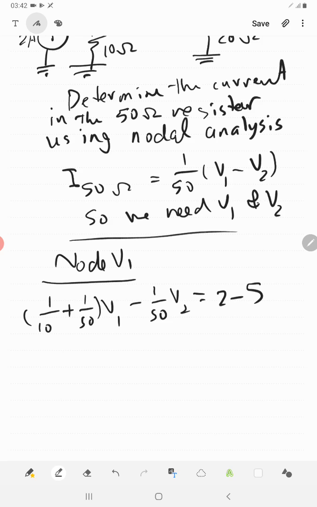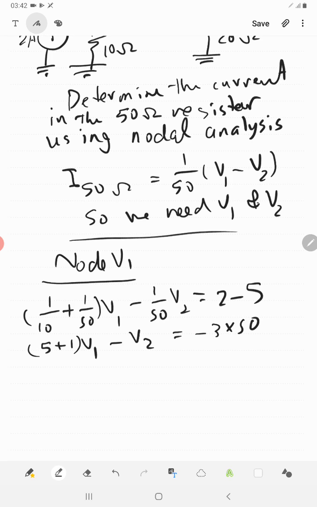So what we have here, 1 over 10 plus 1 over 50. Okay? So what we'll obtain, we can multiply by 50 if we like, so we'll get here (5 plus 1) times V1, okay, minus V2 equal to minus 3 times 50, right?